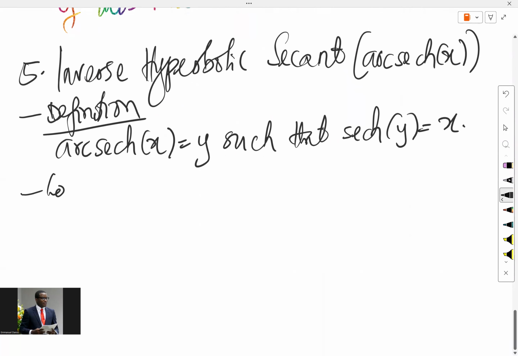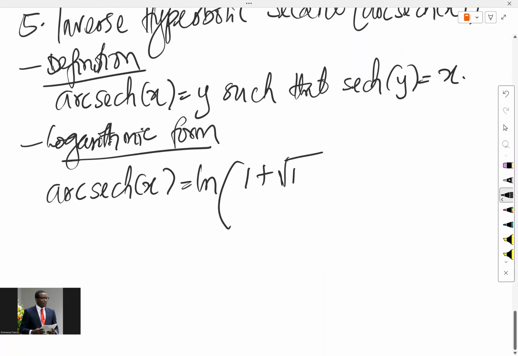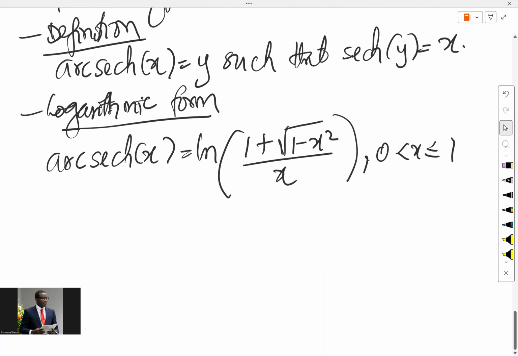Then you have the logarithmic form, which is arcsech x equals the natural logarithm, that's ln of (1 plus square root of 1 minus x squared) all over x, and x lies between 0 and 1, 0 less than x less than or equal to 1.